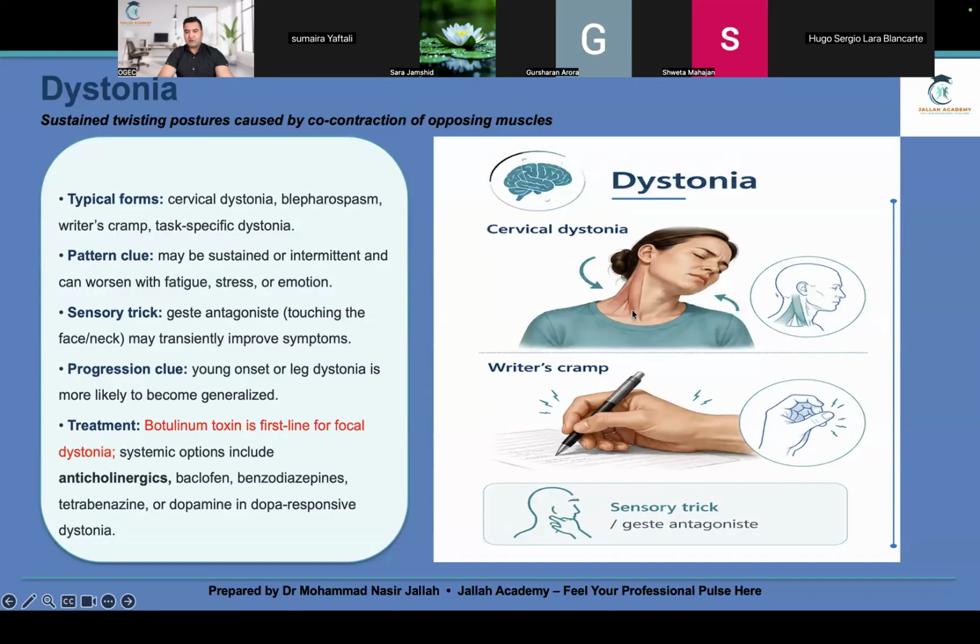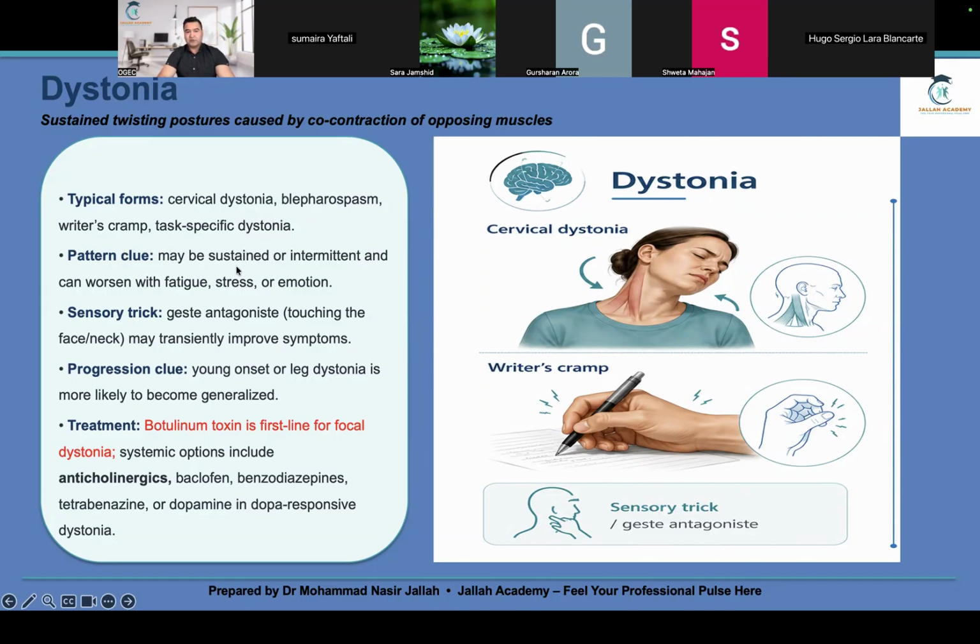Dystonia. So this is how the cervical dystonia will be. This is how the writing is, and this is called a sensory trick, touching the face, and the dystonia will disappear. So for typical forms: cervical dystonia, blepharospasm, writer's cramp, task-specific dystonia.